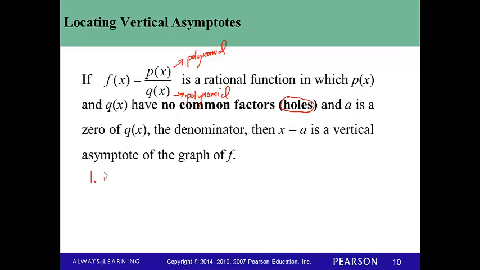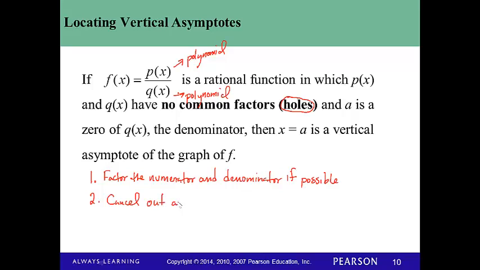So let's talk about the steps that we need to do to find our vertical asymptote. Step 1 is to factor the numerator and denominator, if possible. Step 2, cancel out any common factors between the numerator and the denominator.